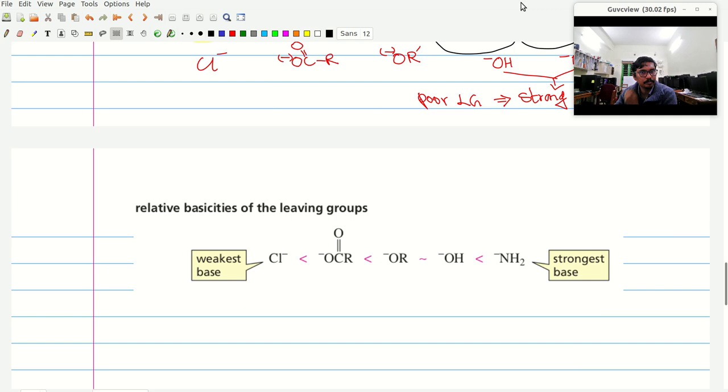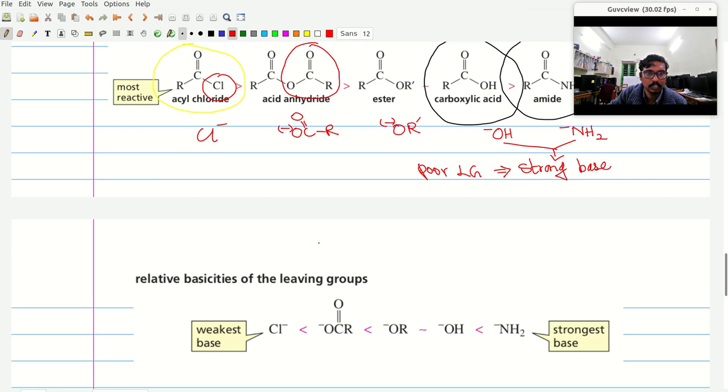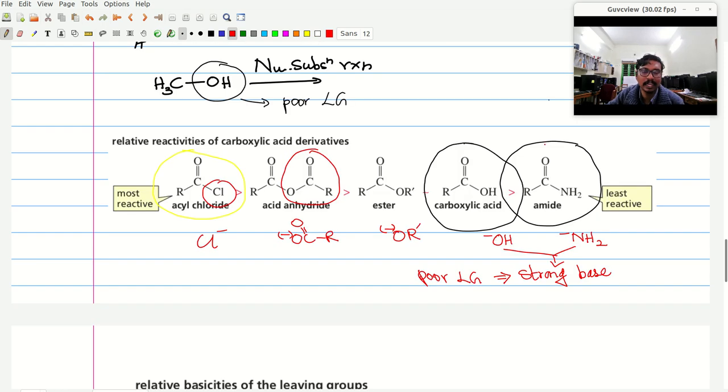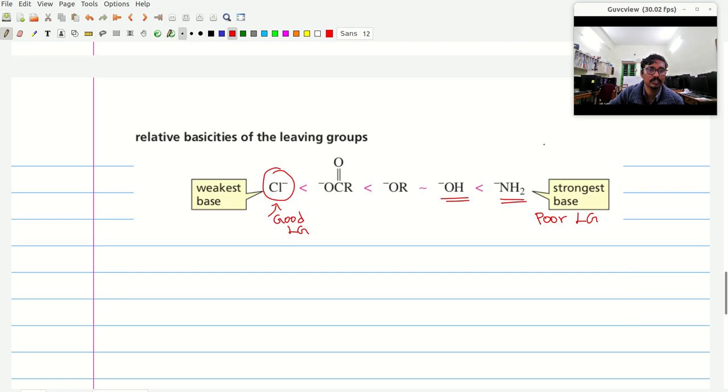If you look at the relative basicities of the leaving groups, we see that chloride is a weak base, and hence it is a good leaving group, whereas OH minus and NH2 minus are strong bases, and hence they are poor leaving groups. So that explains why acid chlorides and anhydrides are excellent reagents or functional derivatives of carboxylic acids.